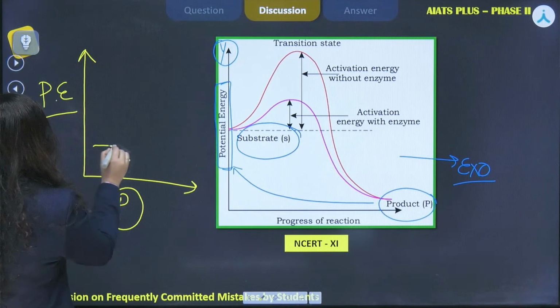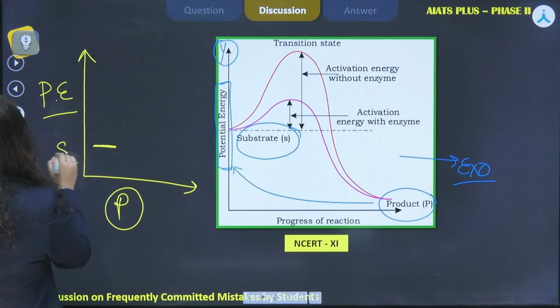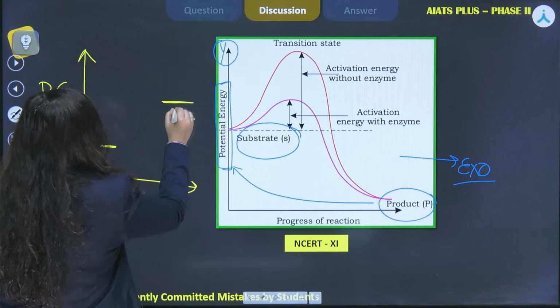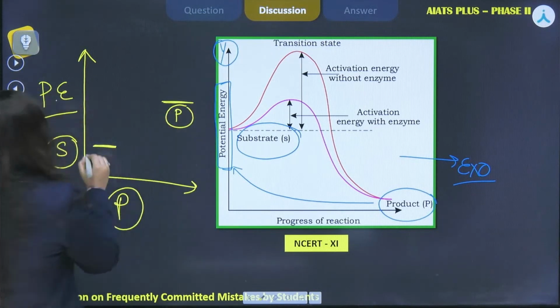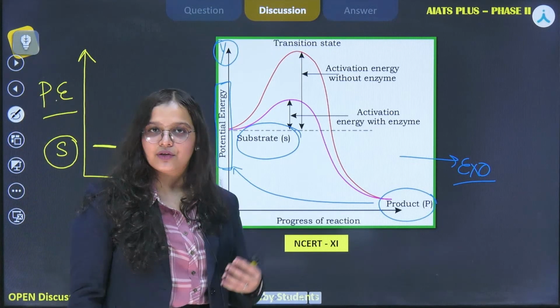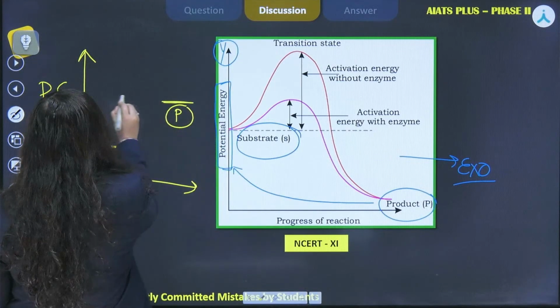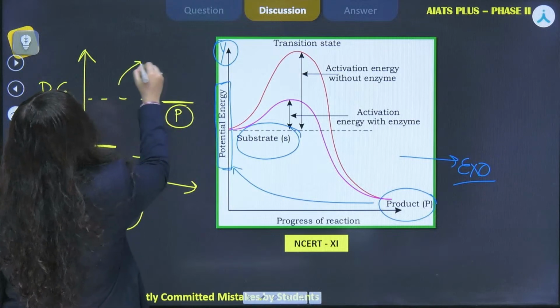In this figure our substrate will be at a lower potential energy level as compared to the product, because the product has been formed by absorbing the energy, so it will be at a higher potential energy level when we talk about endothermic reactions.